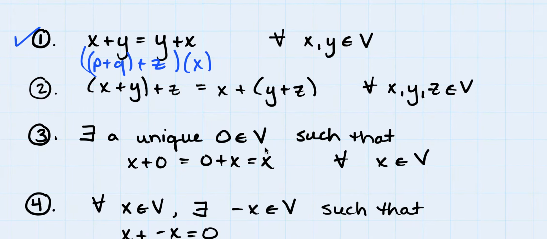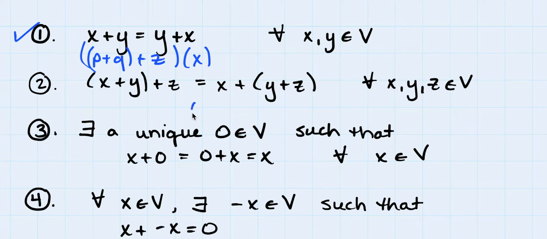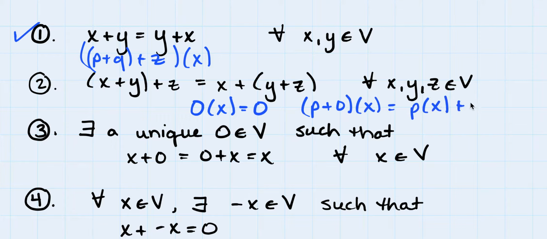There is a unique 0. So the 0 function evaluated at x, we're just going to let it be 0. So then p plus 0 of x is p of x plus 0 of x, which is just p of x plus 0.